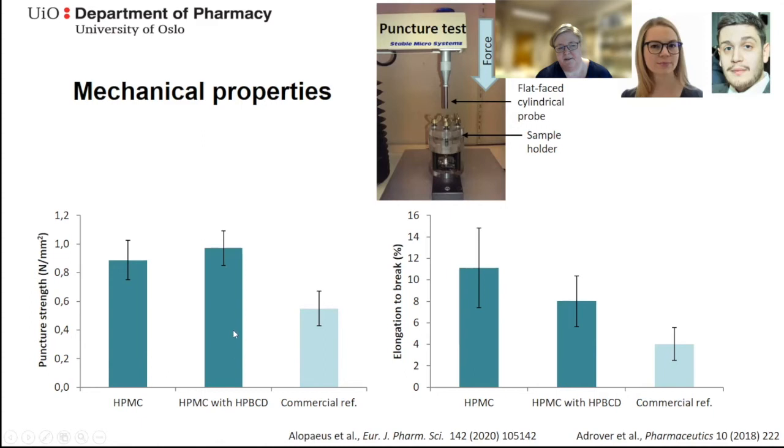The films were a little bit stronger and a little bit more elastic. It's important that they are not too brittle and crack and break upon touching. So these values are quite okay.